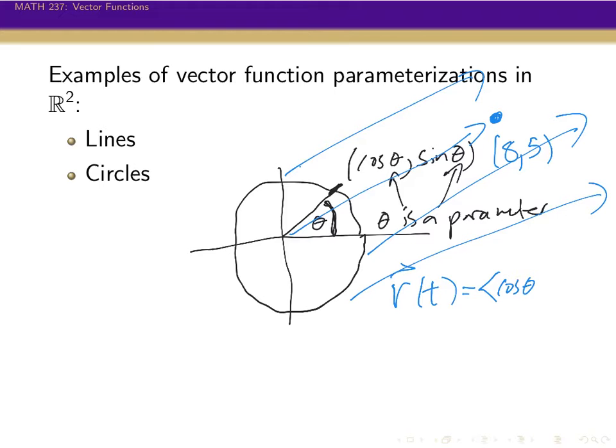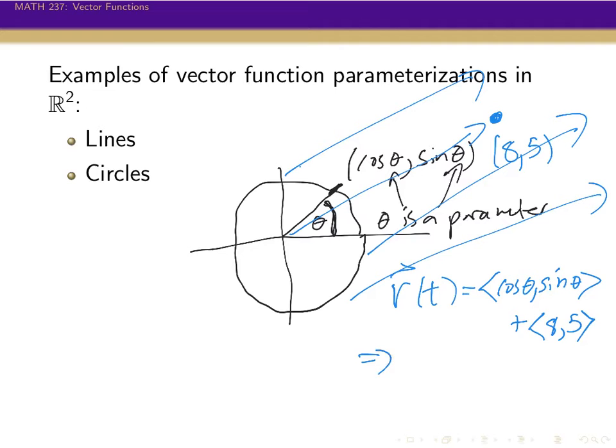If we just do cosine theta, sine theta, that's drawing out the unit circle. Then we're going to shift it by 8, 5, and that's going to move everything over to the other side.